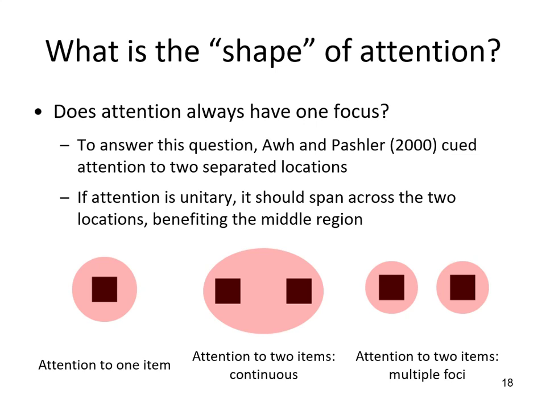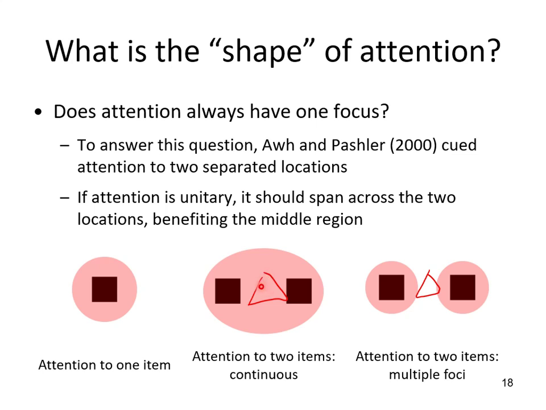Now here, their rationale would be, if I ask you to respond to a middle object, when attention is one, you have no choice but also to focus on the middle region.